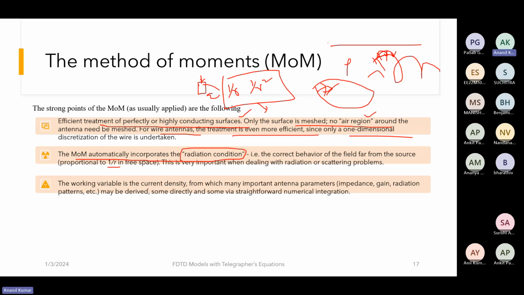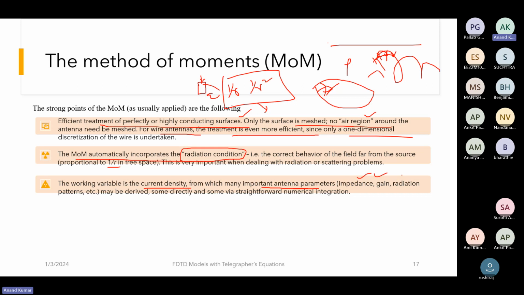The working variable is current density, which is a very important antenna design parameter, because impedance, gain, radiation pattern, etc., can all be found once you have calculated the current density. And in most cases, you will have very straightforward numerical integration.